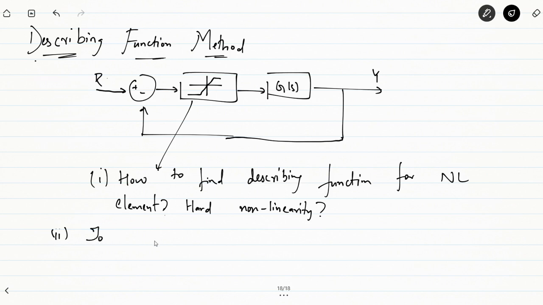So we can analyze for stability. Generally speaking, the Nyquist criterion is extended in the describing function method. It is actually based upon the Nyquist criterion of analyzing and solving system behavior. So these things will be covered in this topic of describing function methods.